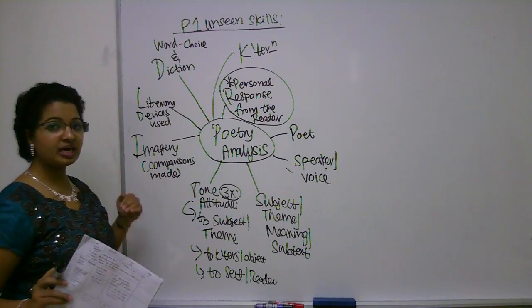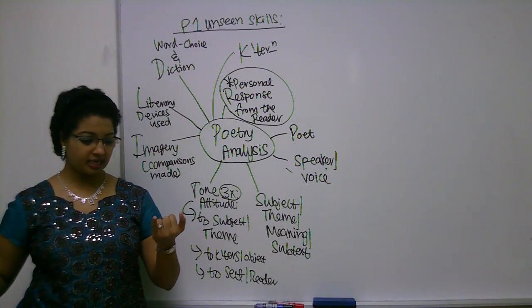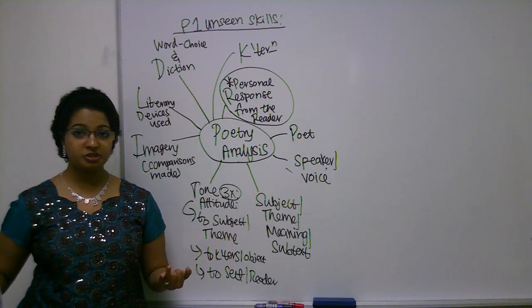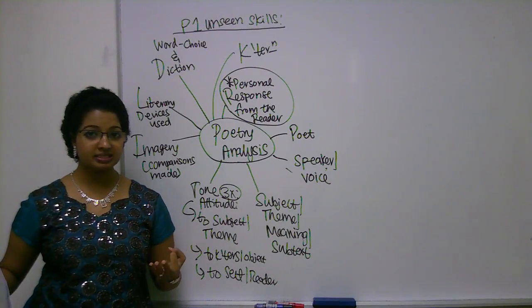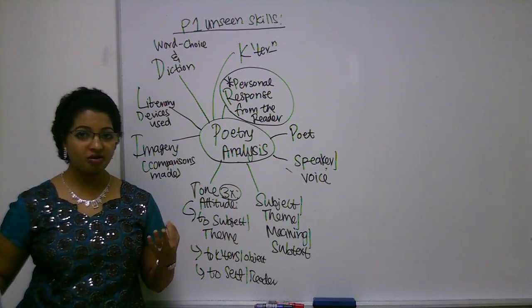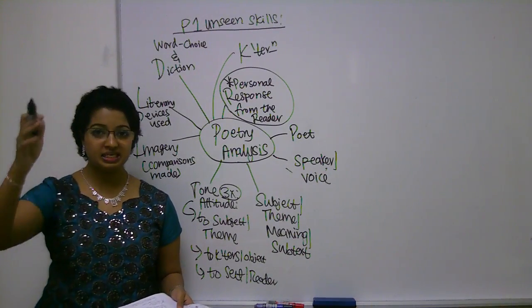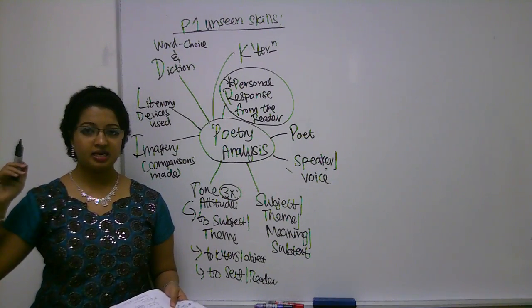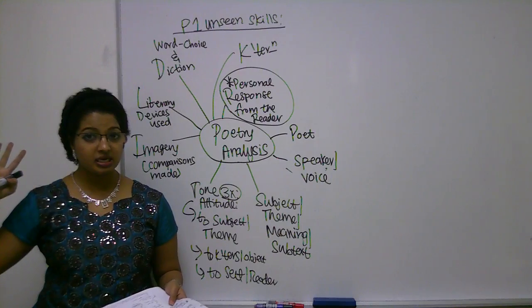So there are four different types of imagery: visual imagery, alright, and auditory imagery, alright, kinesthetic imagery or tactile imagery, and lastly olfactory imagery. So visual imagery relates to your sense of seeing, alright, and auditory imagery relates to your sense of hearing.